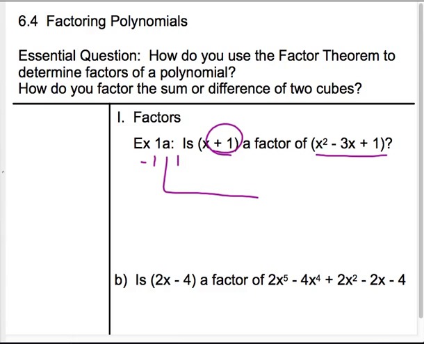So 1x squared minus 3x plus 1. Bring down the first term, multiply by -1, add, multiply by -1, add. Remember that last piece right there tells you whether or not you have a remainder. In this case, we have a remainder of 5, so x plus 1 is not a factor of x squared minus 3x plus 1.